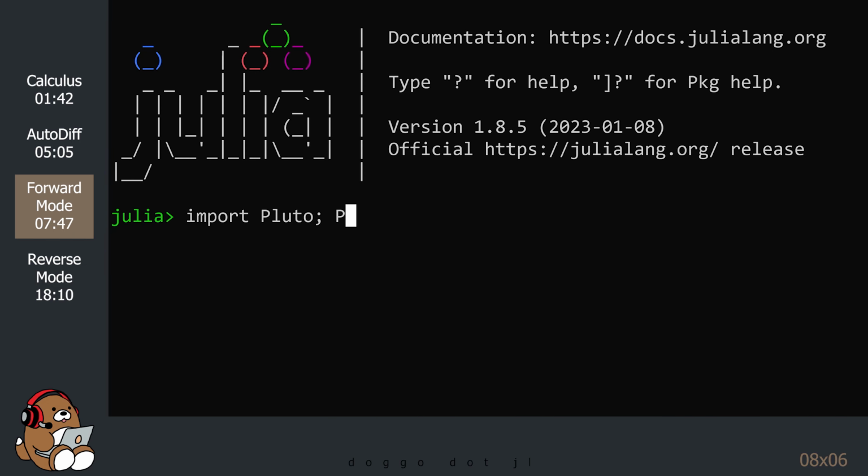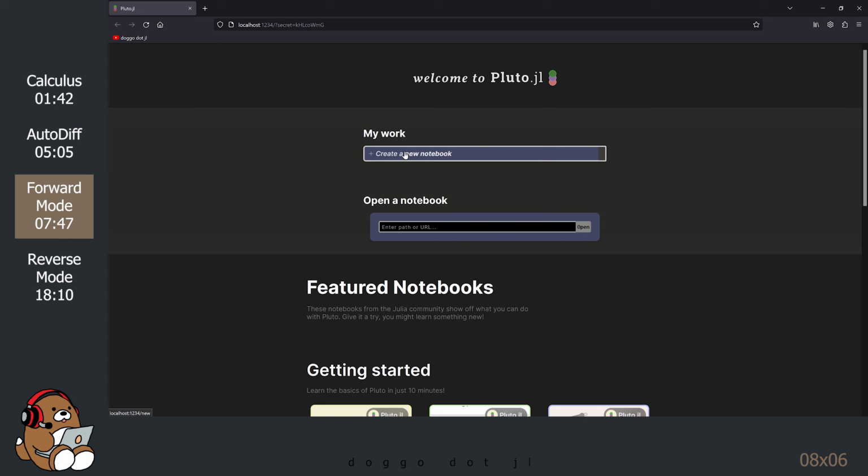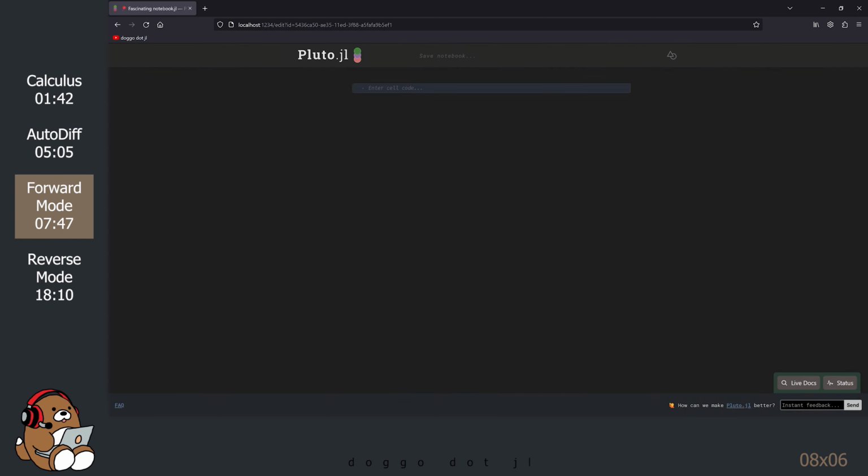Let's fire up a new Pluto notebook and take a look at ForwardDiff.jl, which is the easier of the two packages to use.